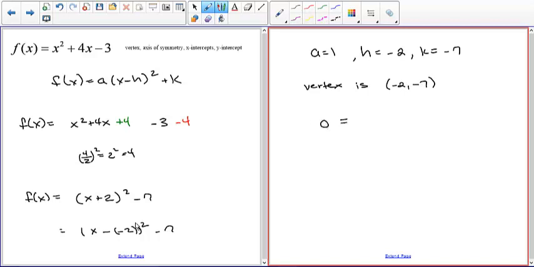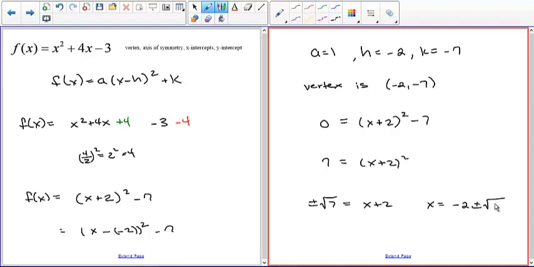What you do is you set the equation in standard form equal to 0 and solve for x. So move this to the other side. We get 7 is equal to (x plus 2) squared. Take the square root. So you get plus or minus the square root of 7 is equal to x plus 2, or solving for x, x is -2 plus or minus the square root of 7.